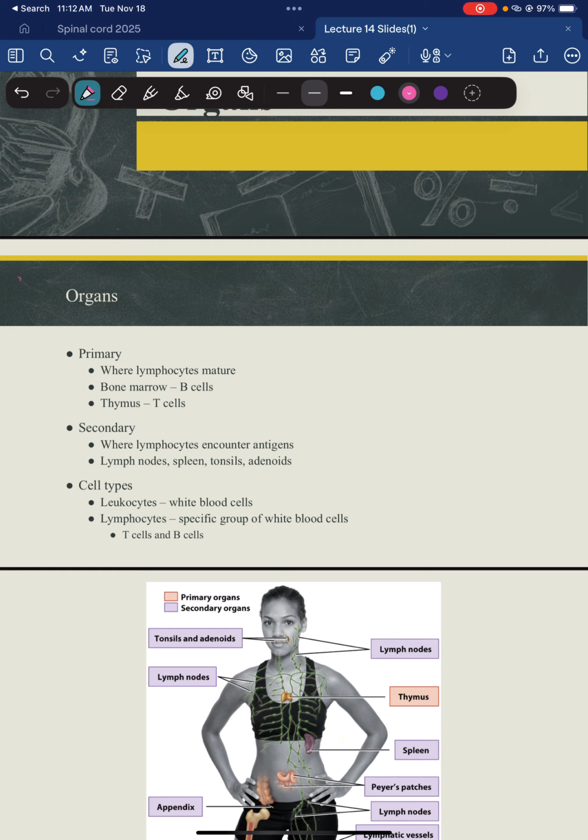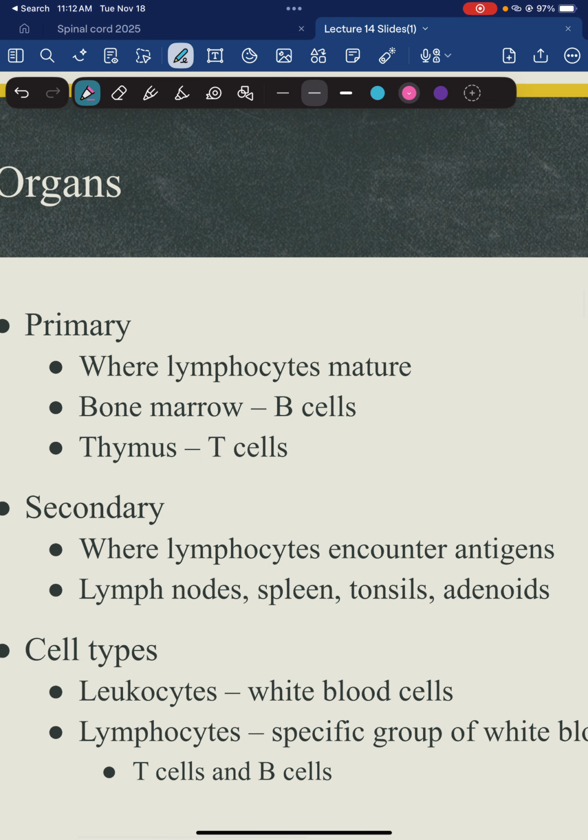So our organs, we can classify into primary organs, or lymphoid organs, and secondary lymphoid organs. Primary is easy because it's just the two. We just have bone marrow and our thymus. So these are where white blood cells go to mature.